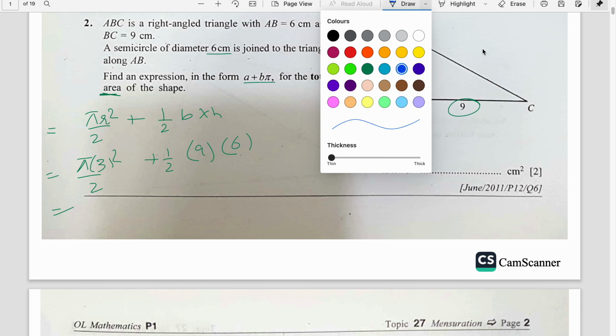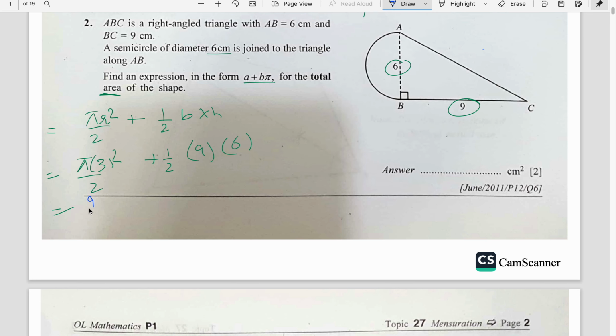Just the simplification. 9 by 2 pi, 27. So 4.5 pi plus 27. It is better to keep the answer in the order which the question states: 27 plus 4.5 pi. You can leave your answer in decimals or in fraction, it makes no difference.